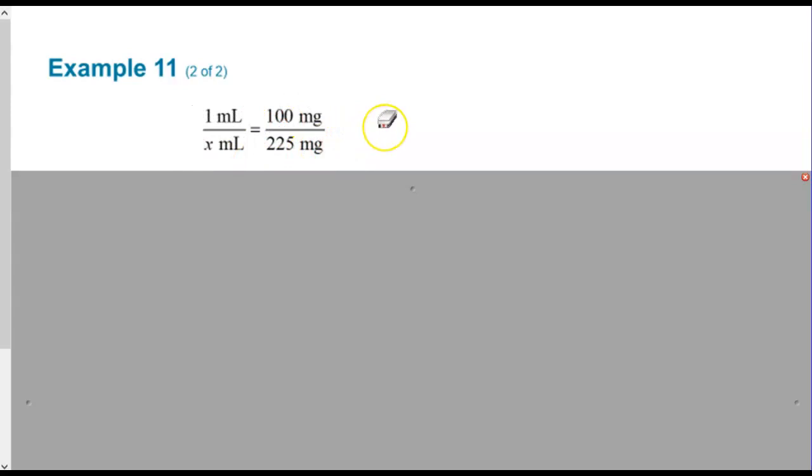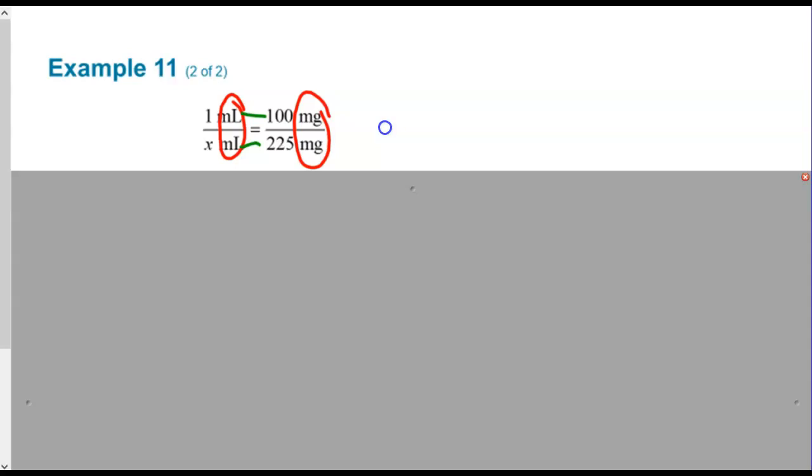And that is one of the things that's really important to look at and see here, and that is that our units are the same on both sides. So it's milliliters over milliliters, milligrams over milligrams, because what we're comparing is the 100 milligrams in a milliliter, and now how many milliliters are needed for 225 milligrams of medication.